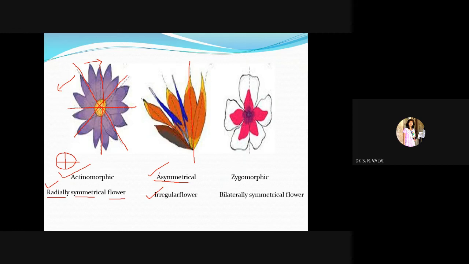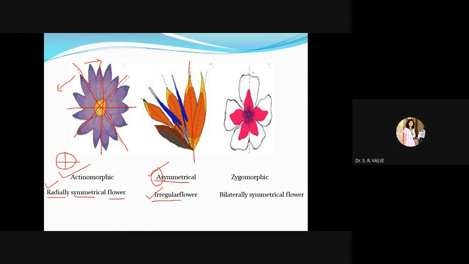Here there is absence of symmetry, hence the term is asymmetrical, right? And the flower is called as what? Irregular. Okay, irregular why? Because all the petals are not in equal condition. You will not get symmetrical parts of a flower, right? The third type is zygomorphic.